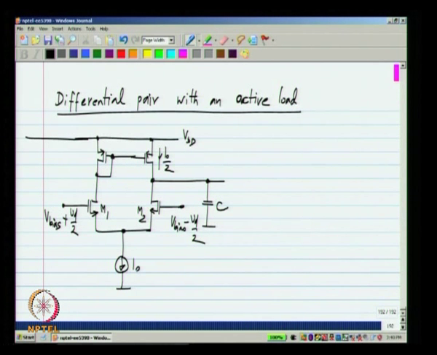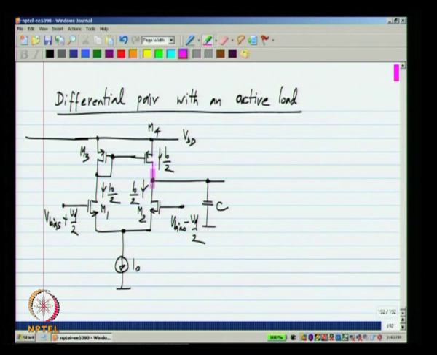Okay. So, in the quiescent condition, because of symmetry, we will examine this in little more detail. So, the current here will be I naught by 2 and the current there will be I naught by 2. Okay. So, this will get mirrored in the current mirror, let me call these M3 and M4, and here also we will have I naught by 2.